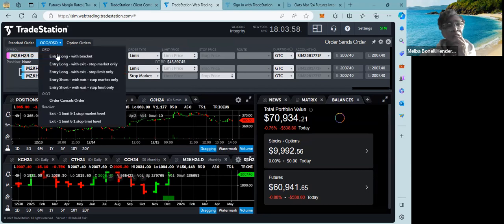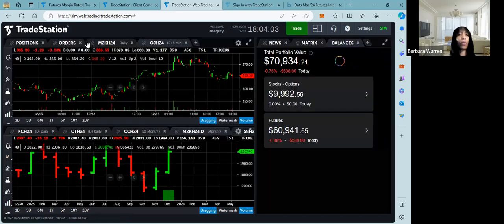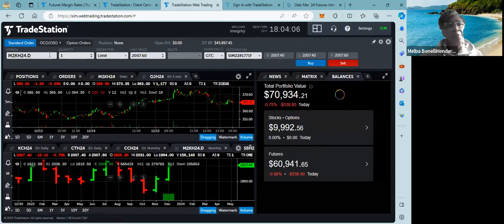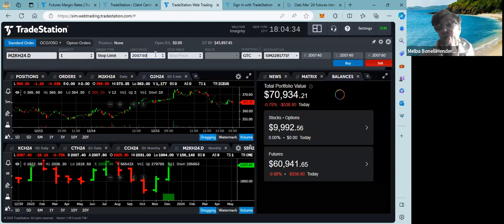Actually, we got to put it in two different orders. Yep, there you go. So the market comes up, and you have the symbol for the Russell 2000 in there. You want one order, and you're going to put it in as a stop limit because you want an exact number in there.